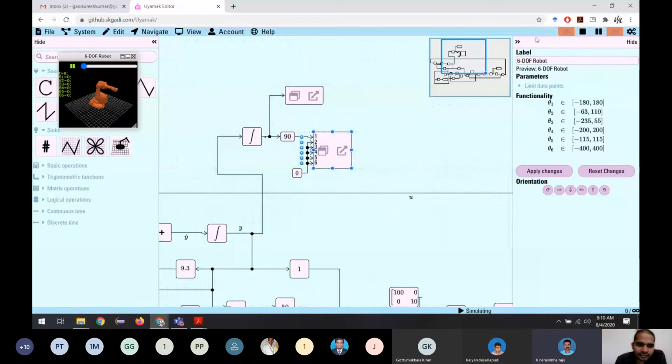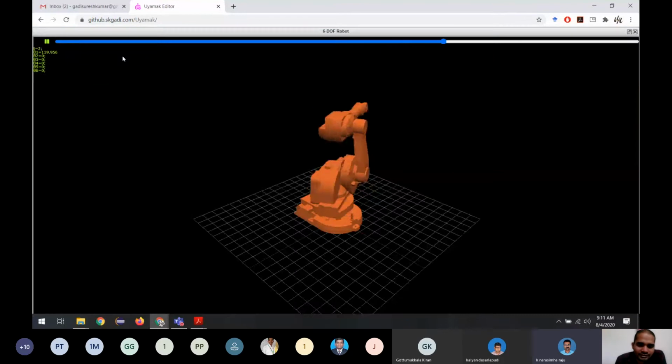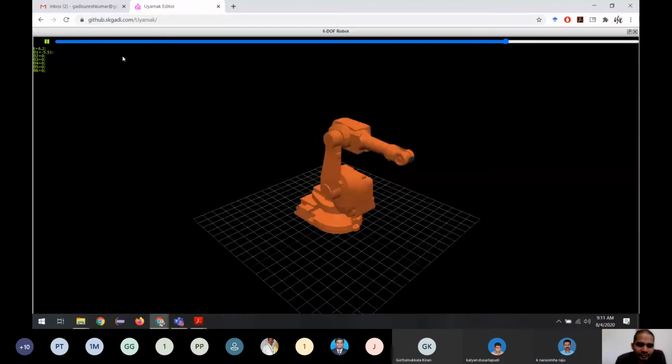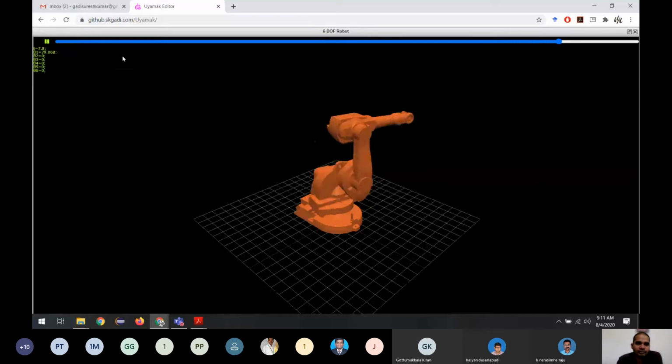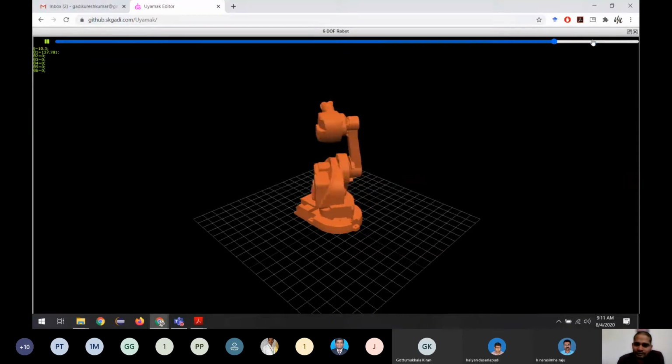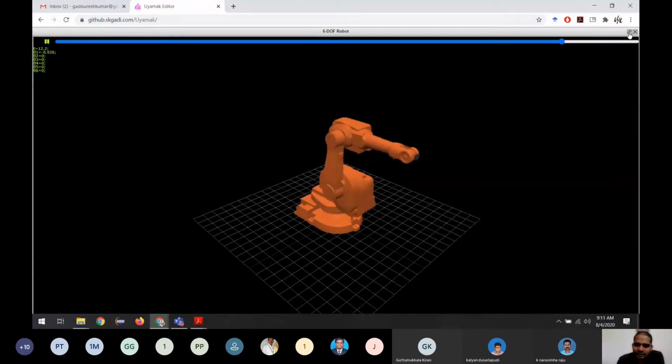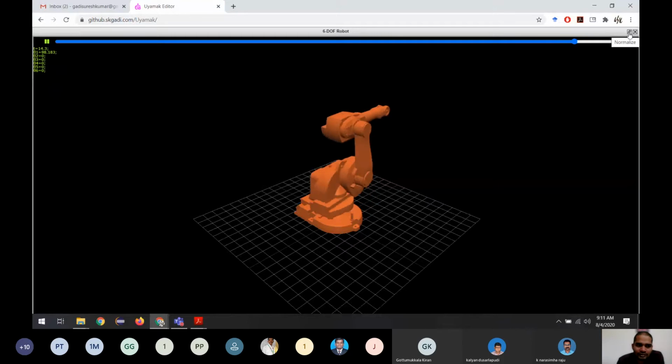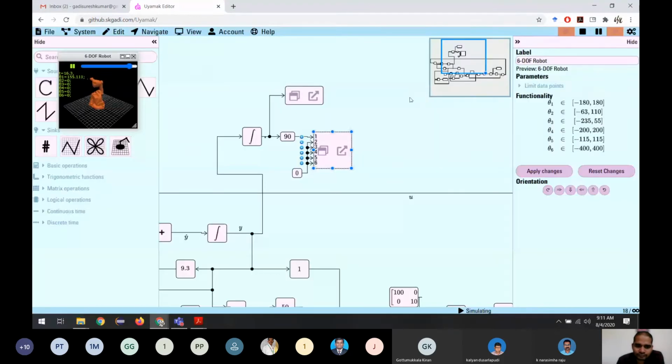So let us see the output. The robot arm should move in a sine wave format. This is what we are expecting. So we are telling the robot to move in the sine wave form. What we are controlling here is the velocity.